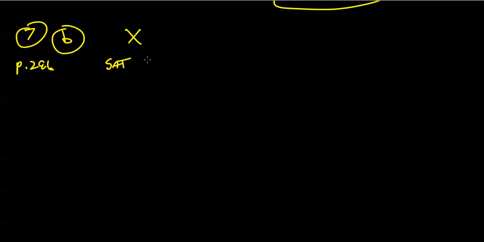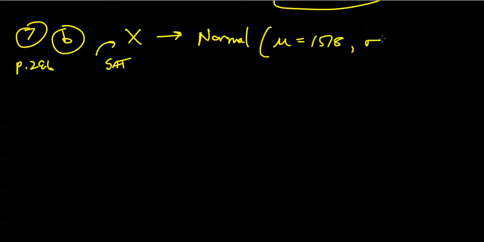For this body of problems, the book tells us that SAT scores are normally distributed with a mean of 1518 and a standard deviation of 325. I think that sounds reasonable if you've ever taken the SAT exams. Now 7B asks us, if 25 SAT scores are randomly selected, find the probability that they have a mean between 1550 and 1575.